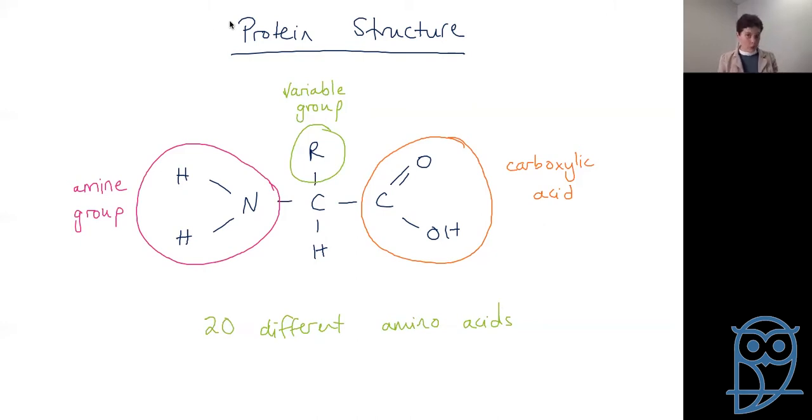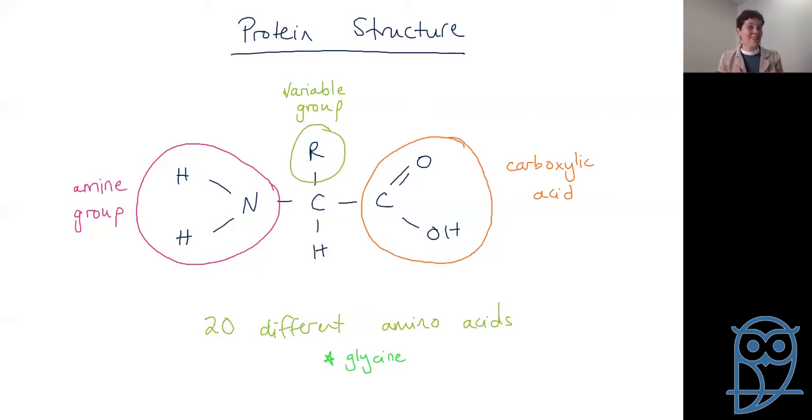So a few things to be aware of. We don't need to know all 20 R groups, or all 20 different amino acids. You're going to bump into some familiar ones over and over again, and there are 3 of them that you want to keep in mind from the beginning. Glycine is an interesting one. Glycine is your smallest amino acid because its R group is just H. So instead of having an R here, we would just have an H. And there is our smallest, neatest, tidiest little amino acid.